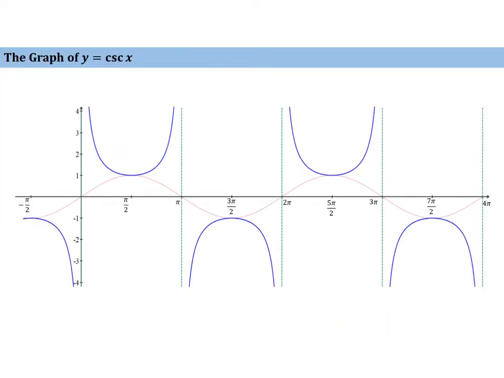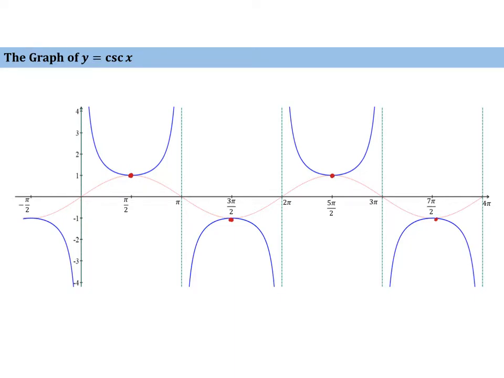So as we look at the graph of cosecant of x, the first thing I want to show you is the graph of sine of x in red dotted line. You'll notice that we have some shared points between the curves, namely the low points of the branches and the high points of the branches.